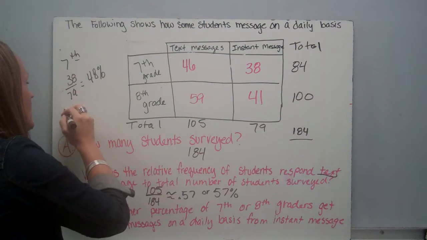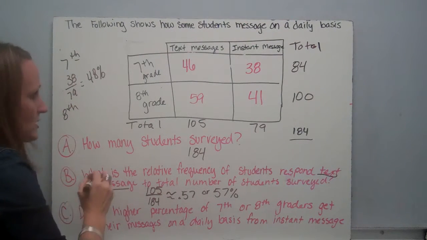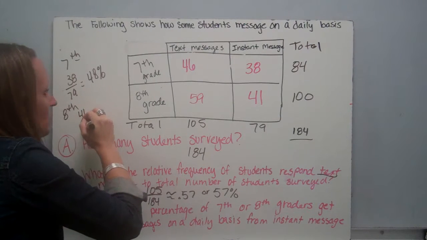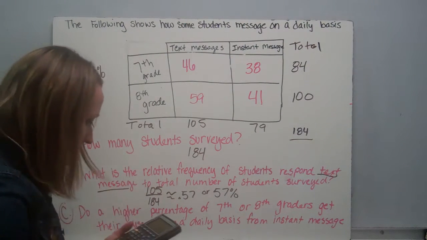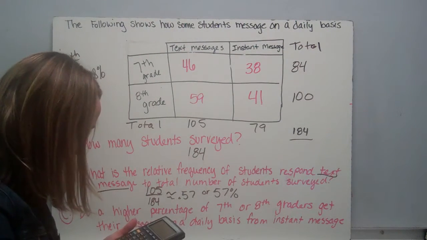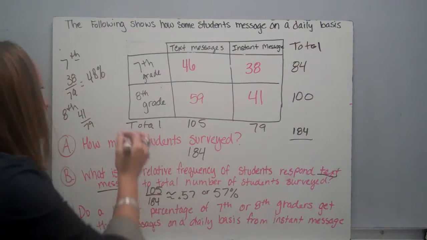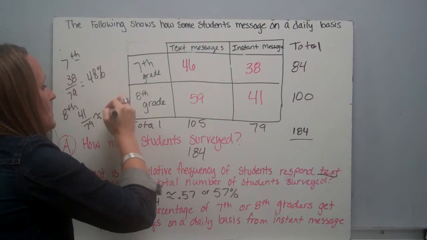And then for 8th grade, and again, this goes with question C, I'm going to have 41 over 79. Finding the relative frequency here, 41 divided by 79 gives us 51%.